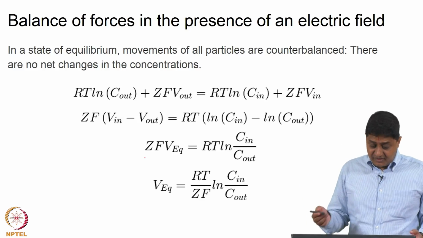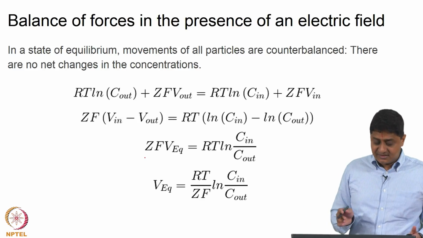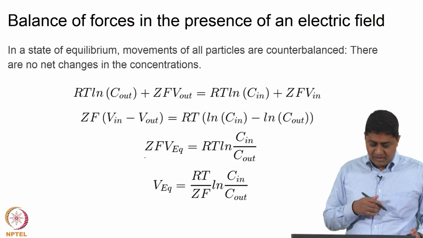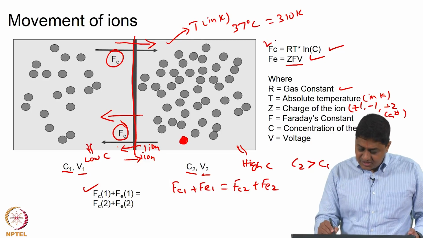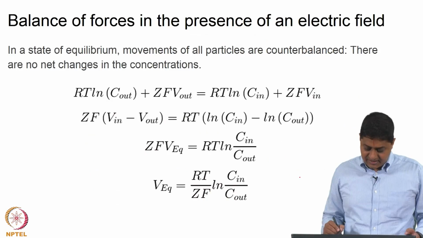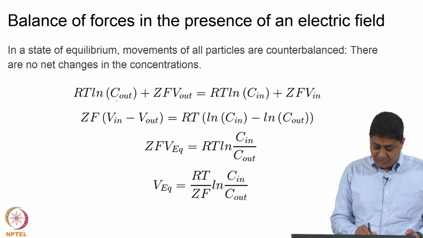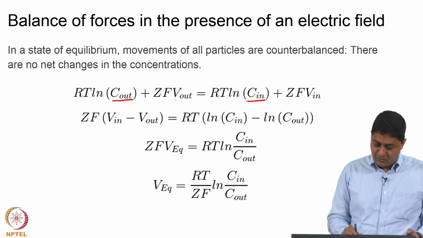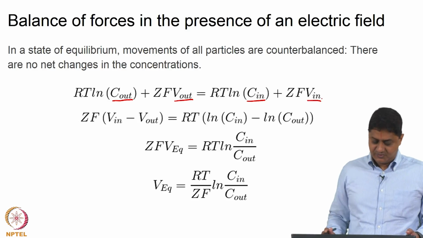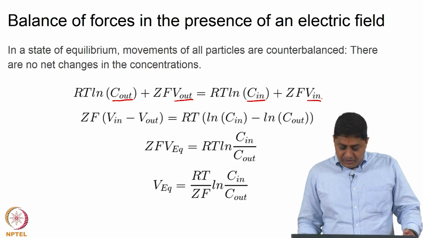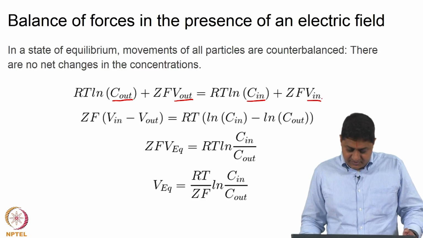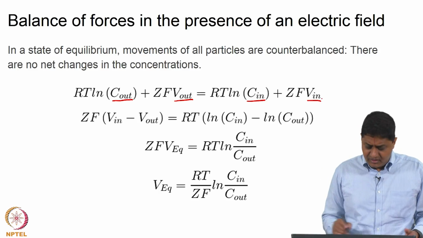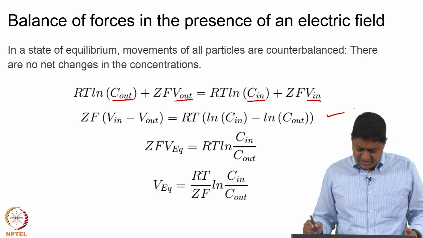So, if we are considering the cell membrane and the outside of the cell membrane and the inside of the cell membrane, I could rewrite these equations as this, right. Suppose the concentration outside was C out and the concentration inside was C in, the voltage outside was V out and the voltage inside was V in. I could rewrite this, and a simple rearrangement of that equation gives me this, right.